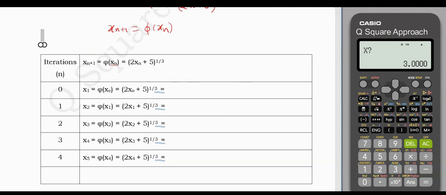We have chosen the initial approximate value x naught is equal to 2. In the calculator, type 2 alpha x plus 5 whole power 1 by 3.